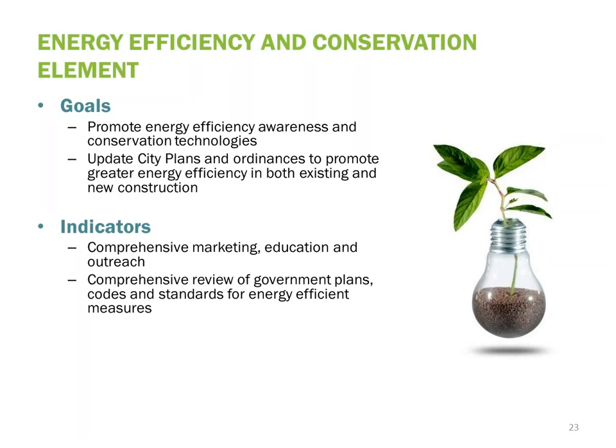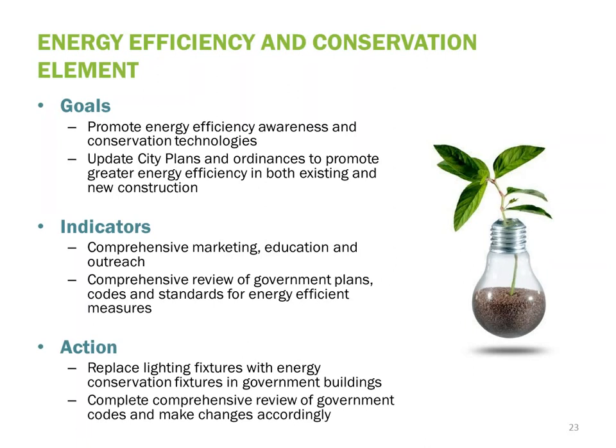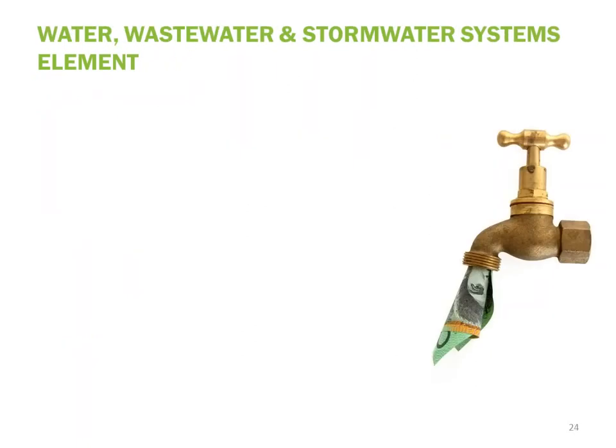A comprehensive review of government plans, codes, and standards for energy efficient measures. Actions would include replace lighting fixtures with energy conservation fixtures in government buildings. This action item could be something as simple as replacing all light bulbs in the library with energy efficient light bulbs. And finally, complete a comprehensive review of government codes and make changes accordingly.